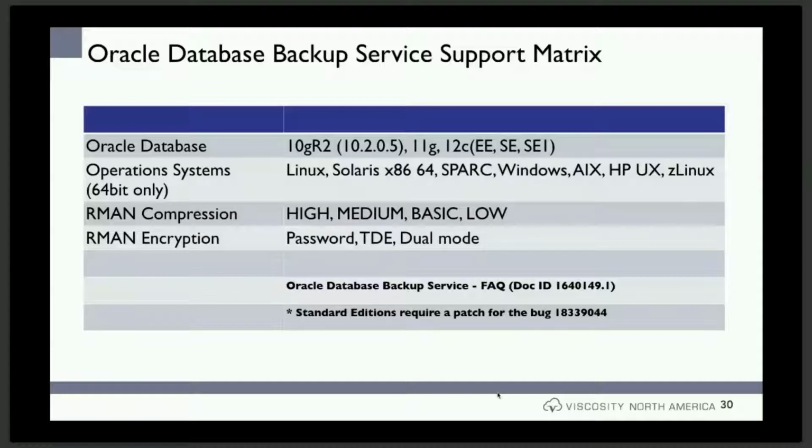And from a compression perspective, our recommendation or best practice is medium compression. And if you are doing a backup to Oracle Cloud, right, only encrypted backups are accepted in Oracle Cloud. So you must have encryption enabled, and Oracle does allow password-level encryption, or you can do TDE encryption with wallets, or you can do dual mode between wallet and TDE.